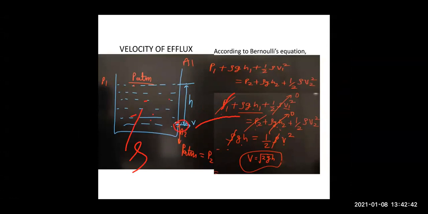Now here we have a hole over here. Let the area of the hole be A2. A2 is the area of the hole, right beta? And let A1 be the top cross-sectional area of the tank, right beta?